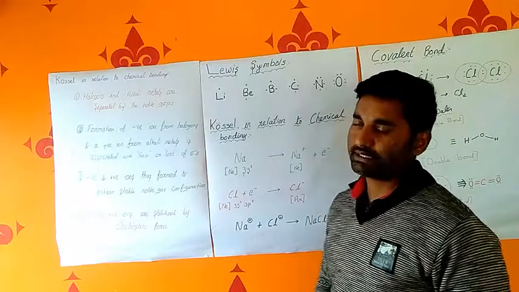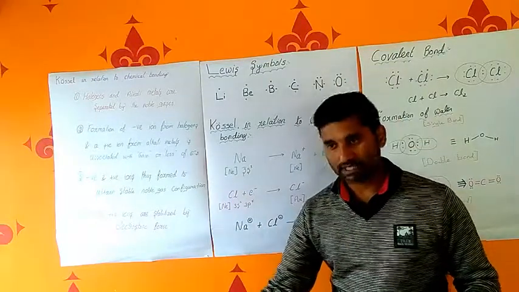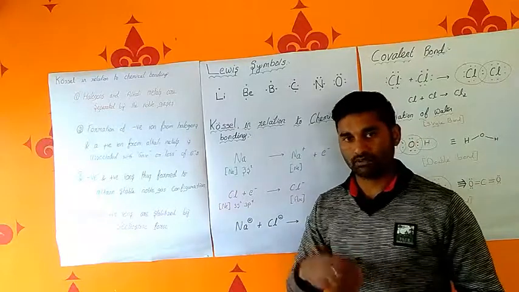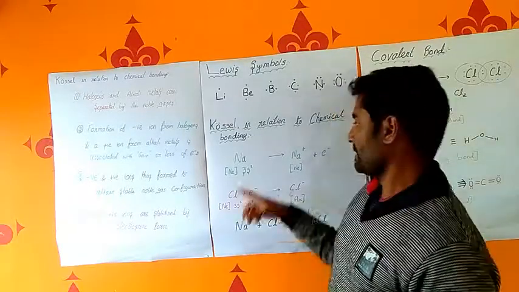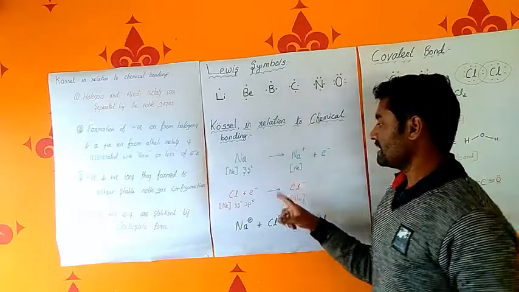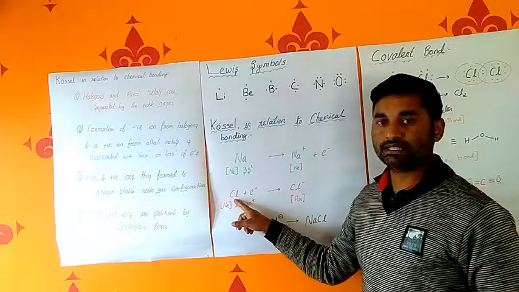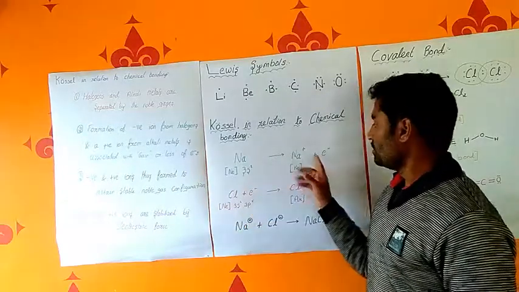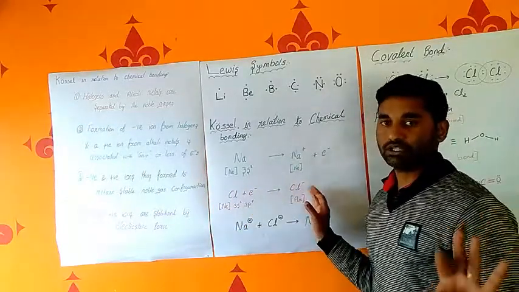So the first postulate says alkali metals and halogens are separated by noble gases. The second point says the formation of positive ions from alkali metals and negative ions from halogens is associated with loss or gain of electrons.